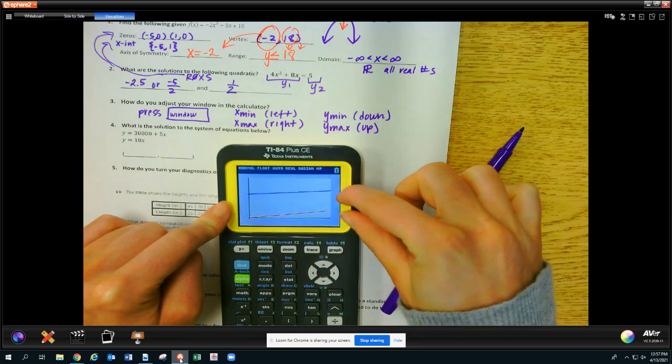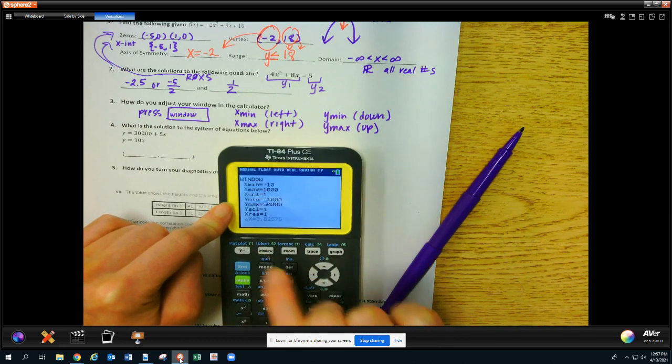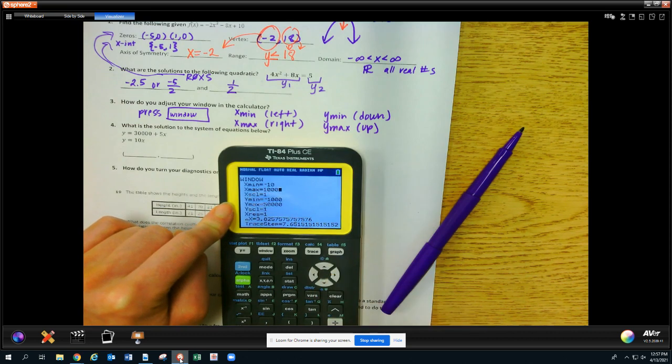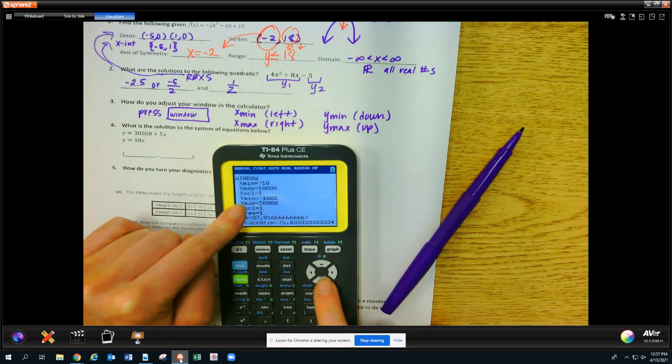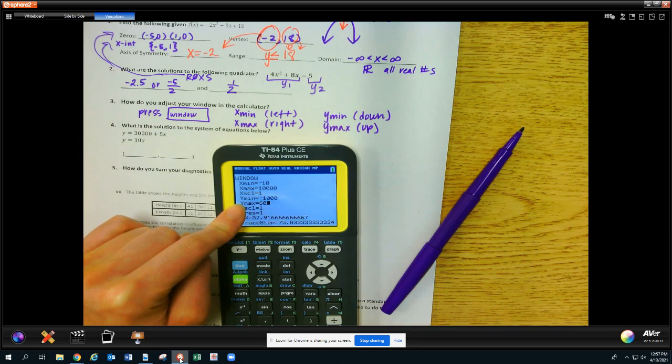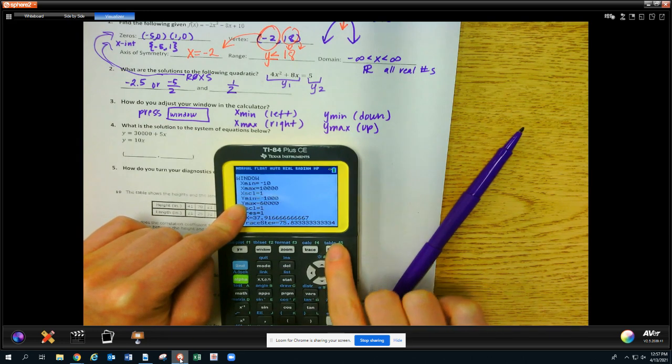Okay, so still can't see the intersection point. Add another 0 to this X max. Okay, need to move up. So let's change this to 60,000.